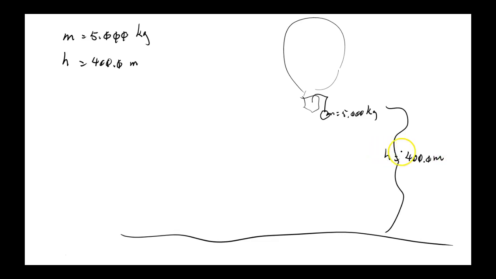That's your H. Your initial H. I'll put H sub I, because you're going to have bunches of H's here. All right. And they want you to do this for every second that it falls. And they tell you in the table that's going to be about 9 seconds, a little over 9 seconds.